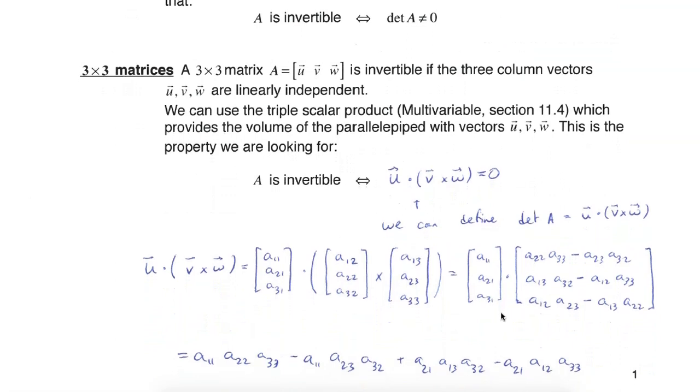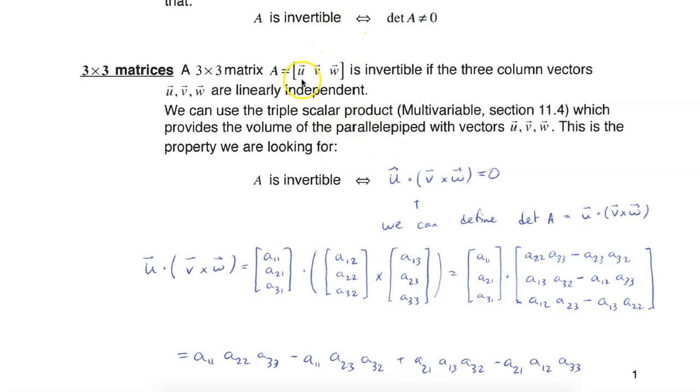So how are we going to get to this goal, to find a way to express a number from a matrix such that if it's not 0, A is invertible? Well, for 3 by 3 matrices, we are going to use what we saw in multivariable, which is the triple scalar product.